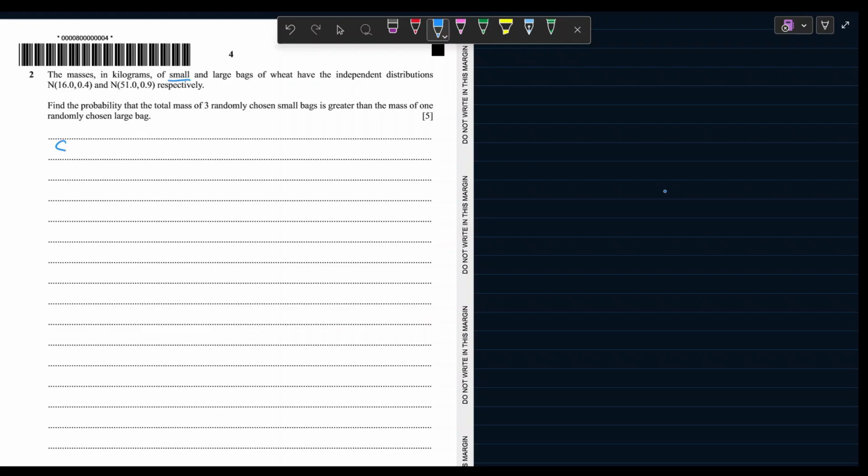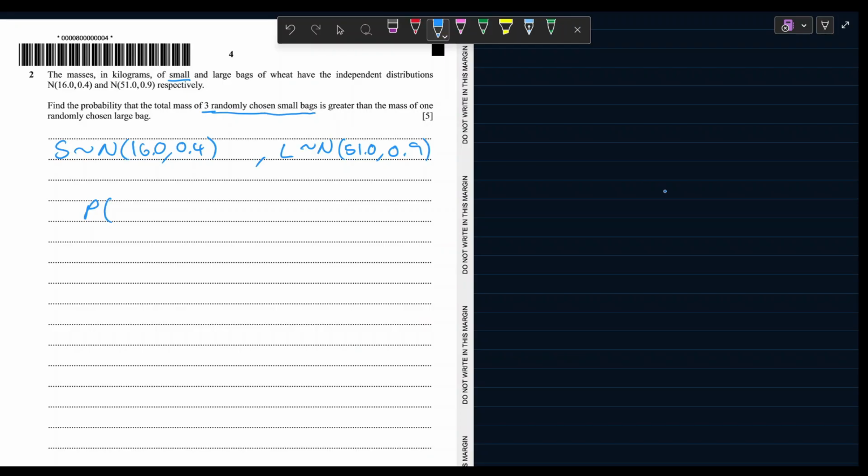So the small bags follow a normal distribution with mean 16.0 and variance 0.4. And our large bags follow a normal distribution with mean 51.0 and variance 0.9. And what we want is the probability that 3 randomly chosen small bags, these are independent observations of the same random variables.